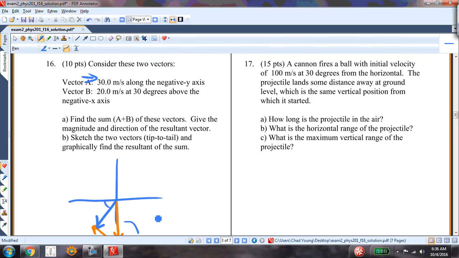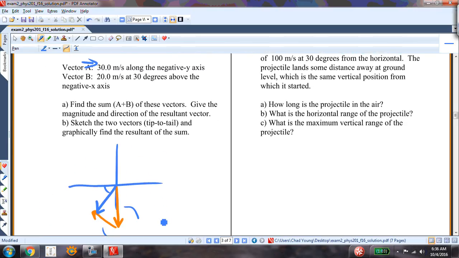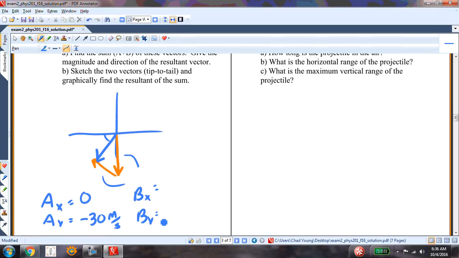BX is going to be negative 20 cosine 30, and BY negative 20 sine of 30. So this is negative 17 and this is negative 10 meters per second.